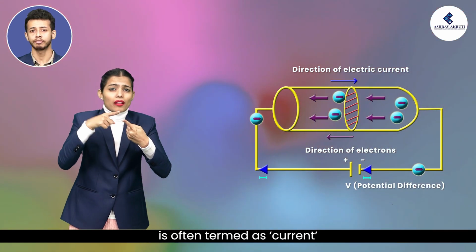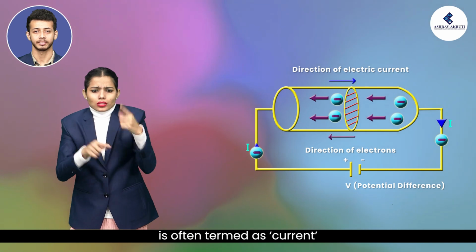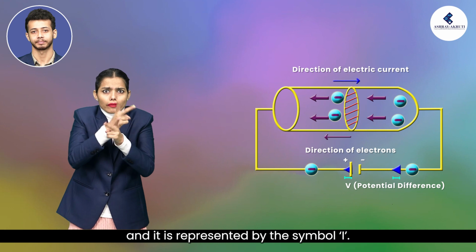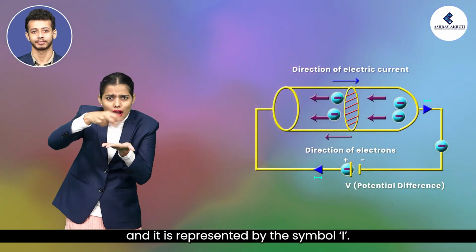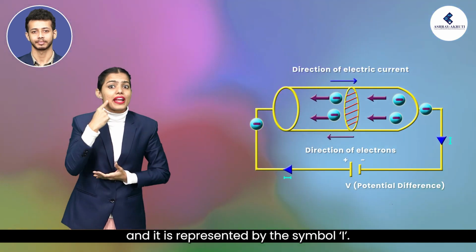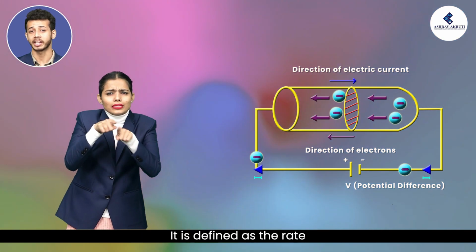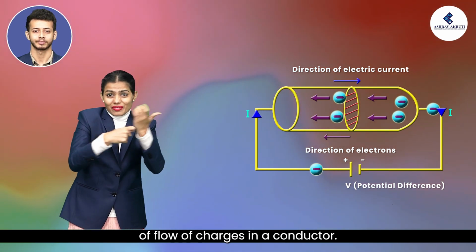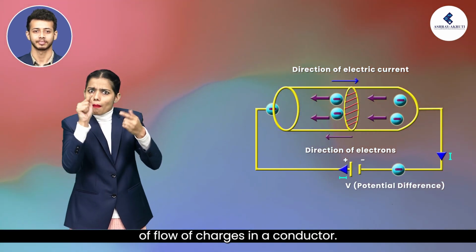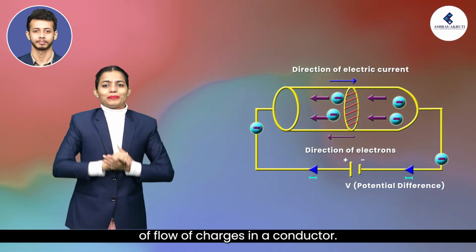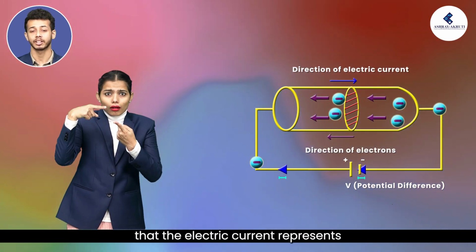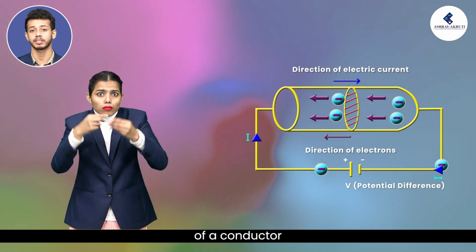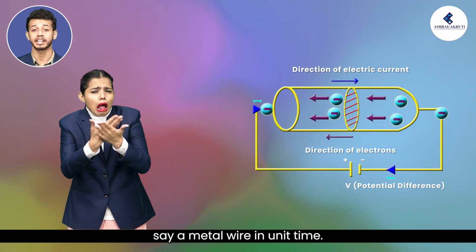Electric current is often termed as current and it is represented by the symbol I. It is defined as the rate of the flow of charges in a conductor. This means that electric current represents the amount of charge flowing through any cross-section of a conductor, say a metal wire, in unit time.